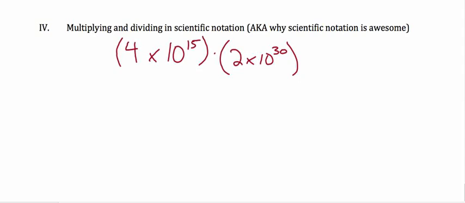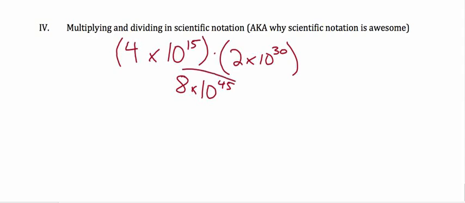So if we reordered our multiplication and put 4 times 2 first, we get 8. And then we can multiply 10 to the 15th times 10 to the 30th together. That's multiplying powers with the same base. We just add the exponents and we get 10 to the 45th.